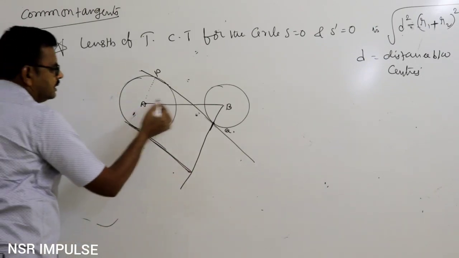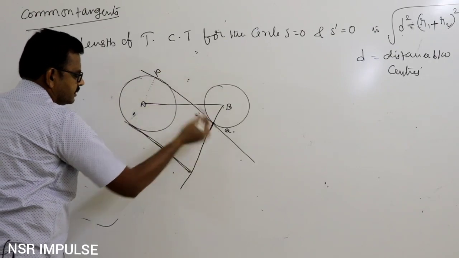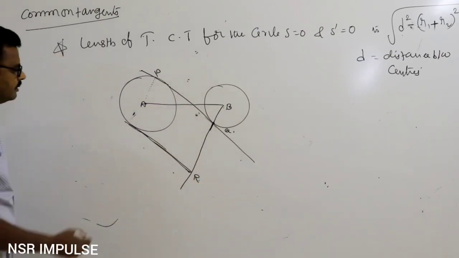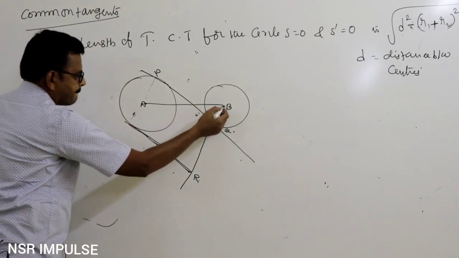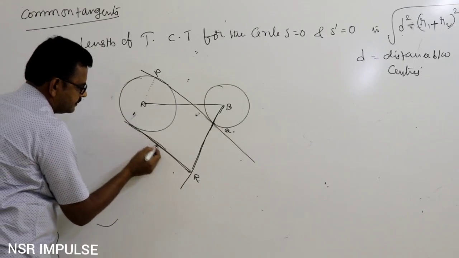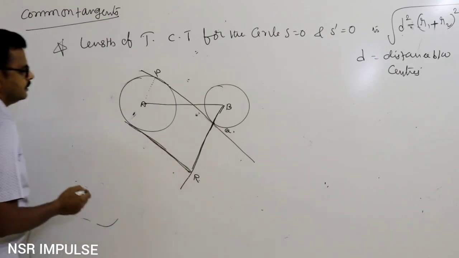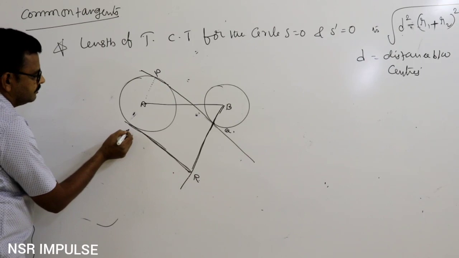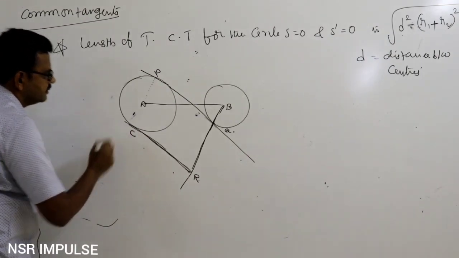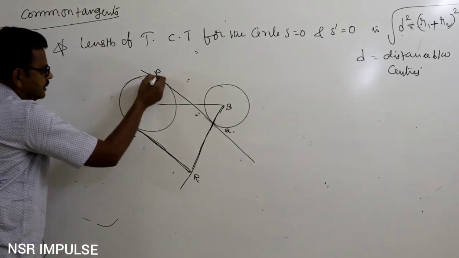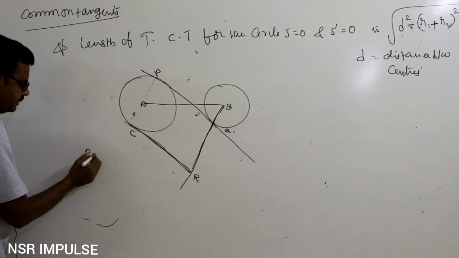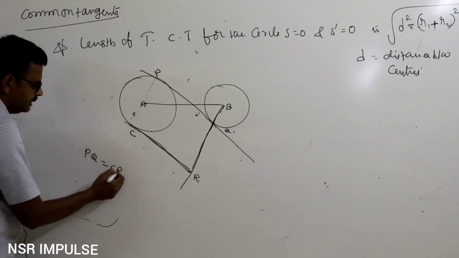So this is A, B, and this is P, and this is Q. We call this R. This point, you can call it C. Here PQ is equal to CR.